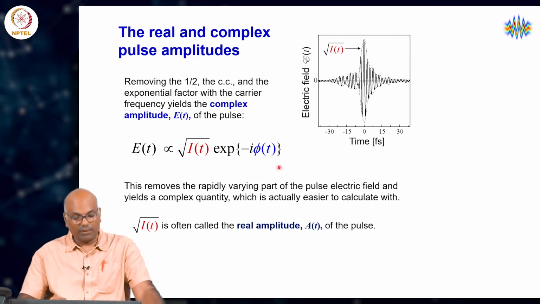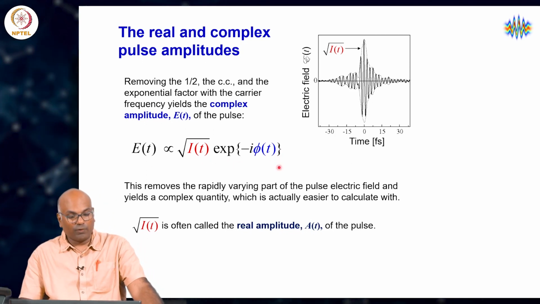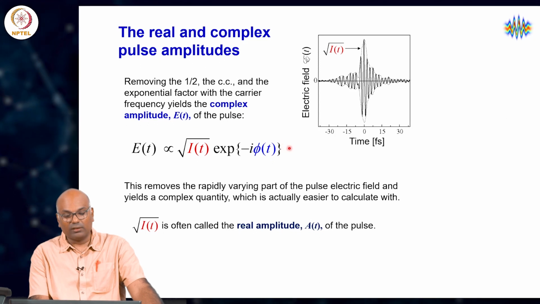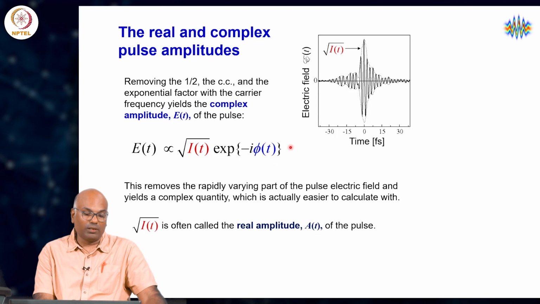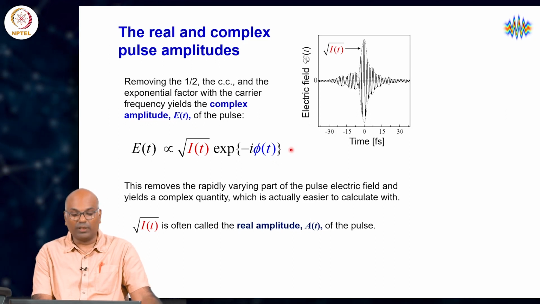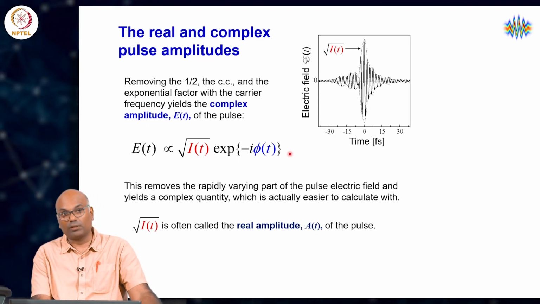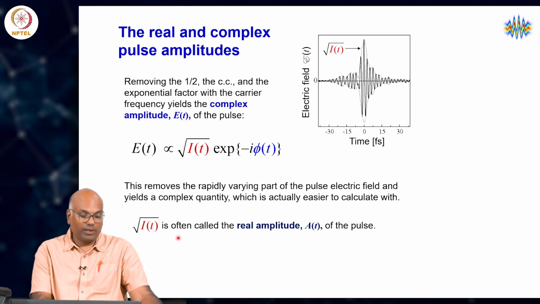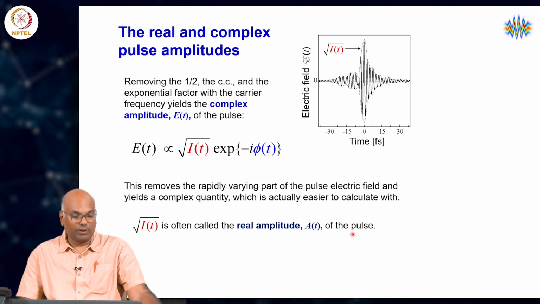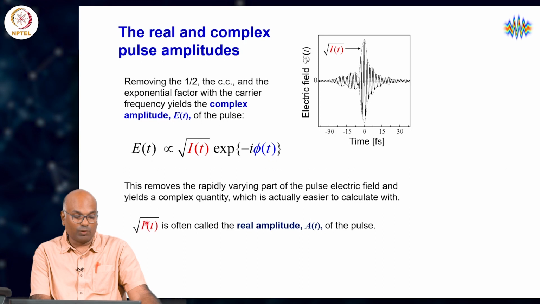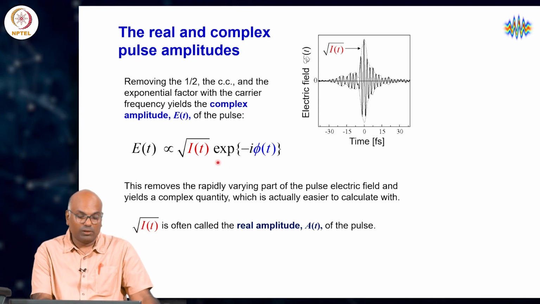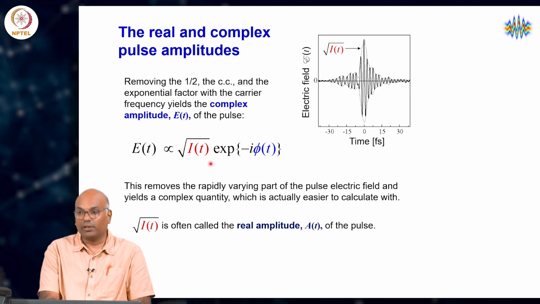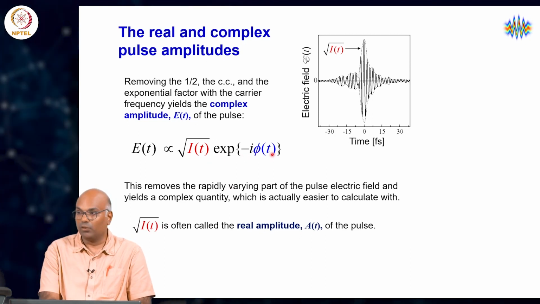That is the complex amplitude of the pulse, and the definition of the carrier through omega naught completes the full description of the electric field when multiplied to this term, whereas the real amplitude itself could be defined as just what we have written as the square root of I of t, the term that is left after erasing e to the i phi of t.